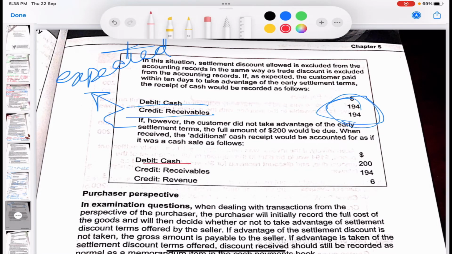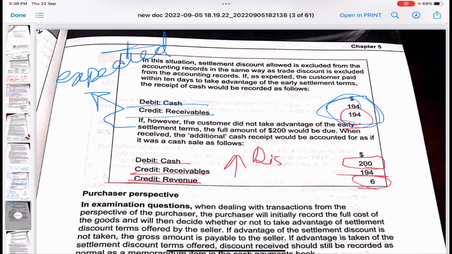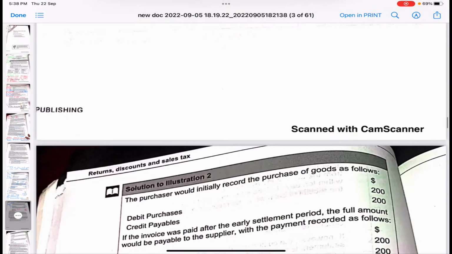So we'll be debiting the cash, which is 200, because they'll be giving us 200, and we'll credit the receivables, which was in our invoice, which was 194, and we'll also credit the revenue. Why? Because revenue is getting increased, because we are getting back our discount amount over the invoiced amount. So I hope this is understandable.